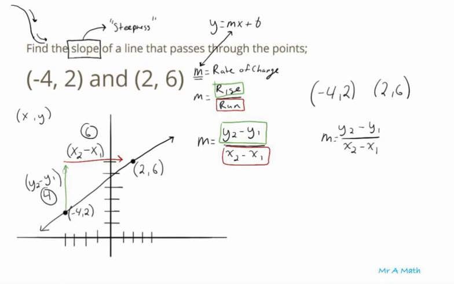So if my formula works, this should get me a ratio of 4 to 6. Let's see if it works.